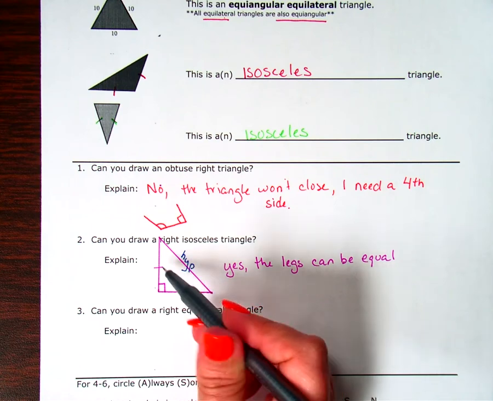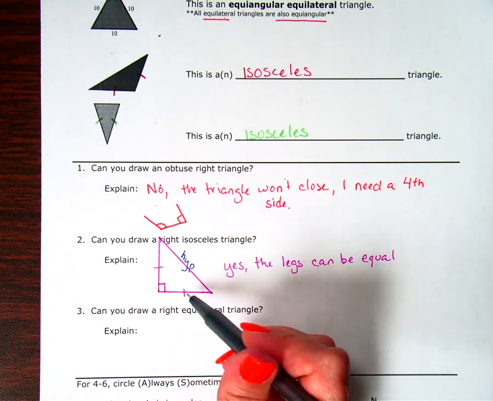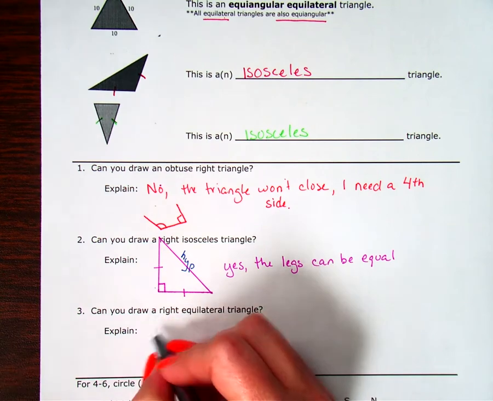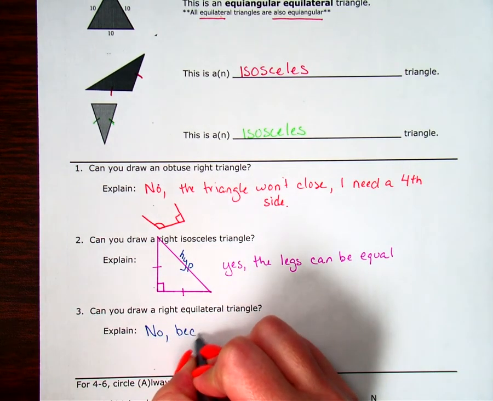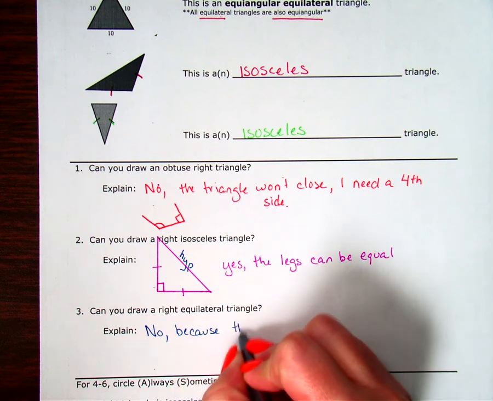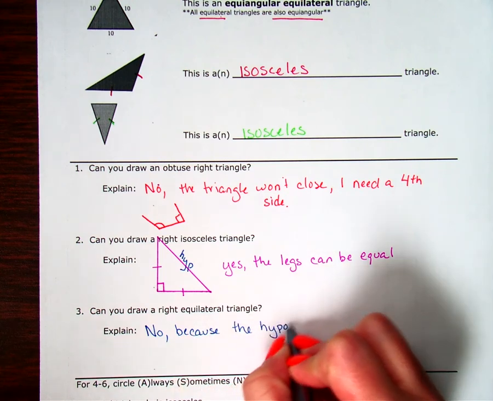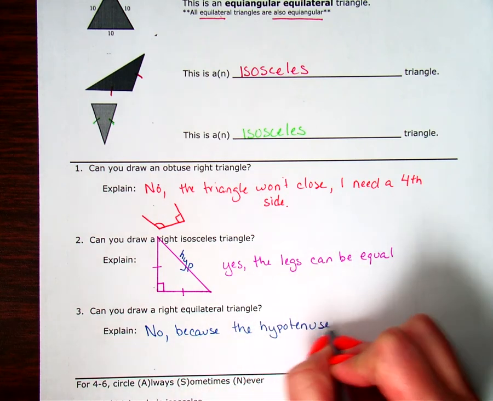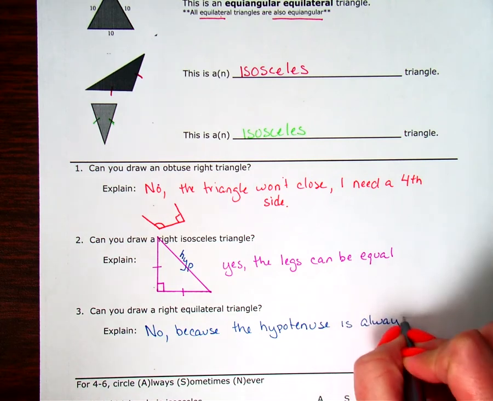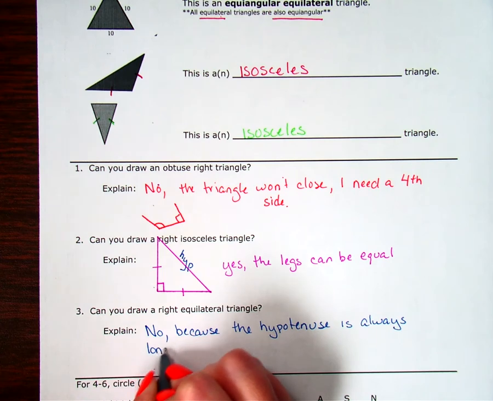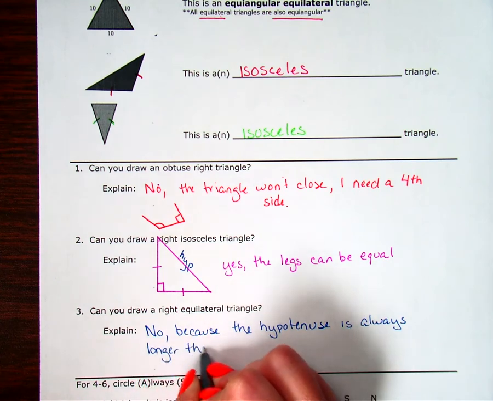Can your hypotenuse equal the two legs so that it's equilateral? No, right? So I have to say no, because the hypotenuse is always longer than the legs.